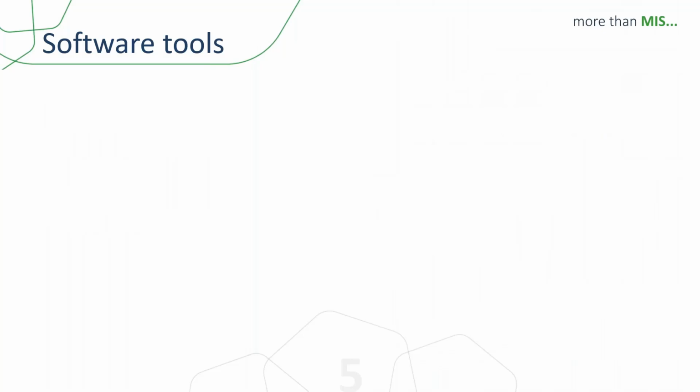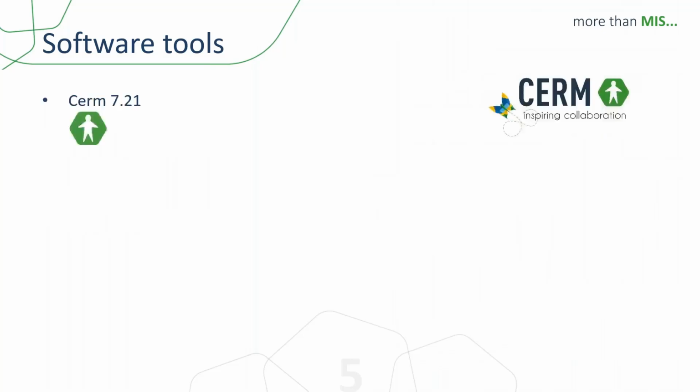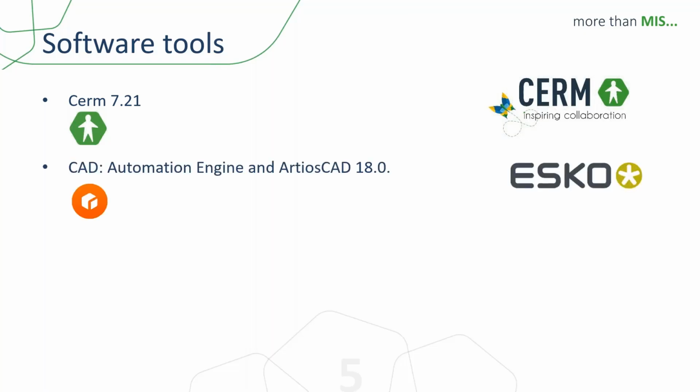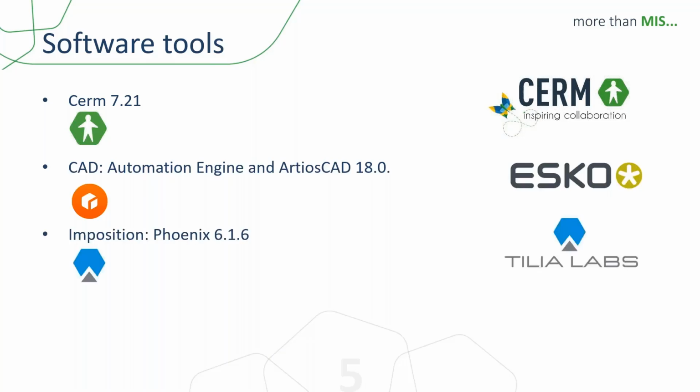Okay, within this presentation, we will be using different software tools. First is, I hope, your beloved MIS. So this is version 21, which was released this week. Then the second tool is CAD. We use Artios Cut version 18.0 and the automation engine that will connect us to the Artios Cut.